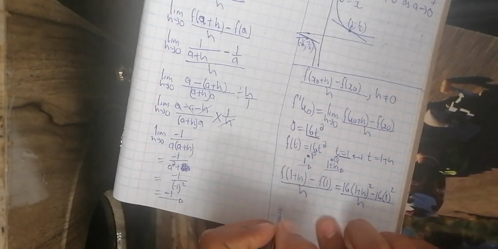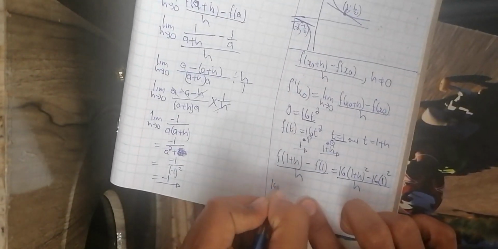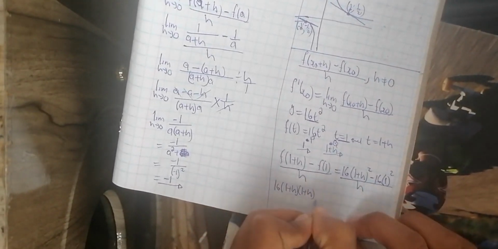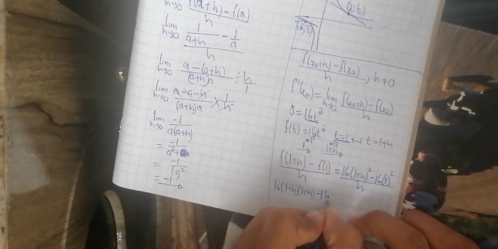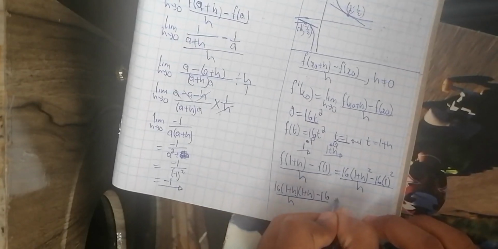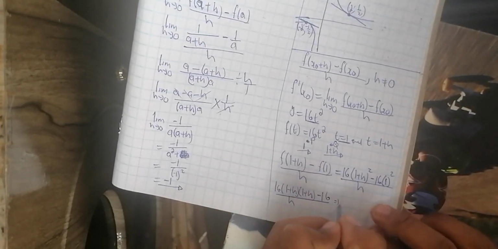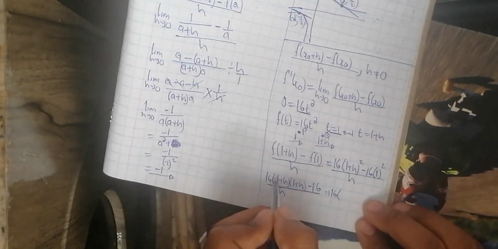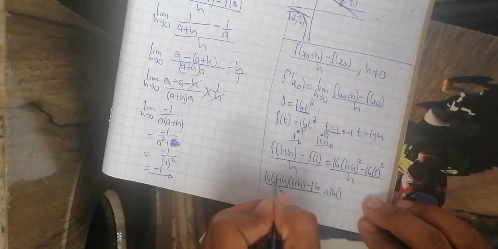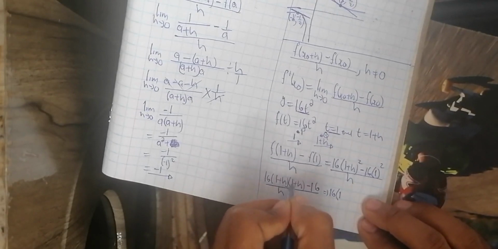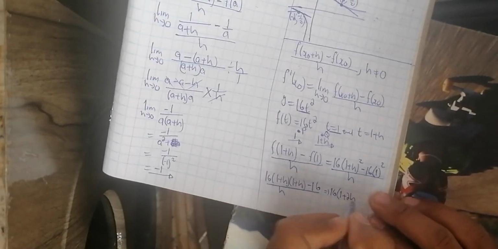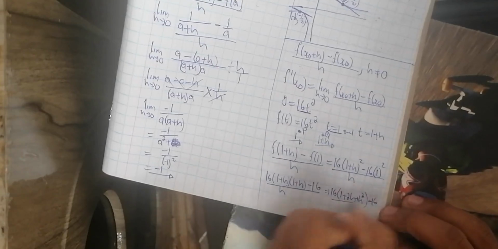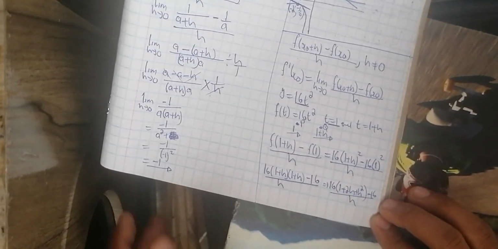If I try to simplify this, I will have 16, 1 plus h, 1 plus h, minus 16 all over h, and I might get 16 into 1 plus h, that will be 2h plus h squared minus 16 all over h.